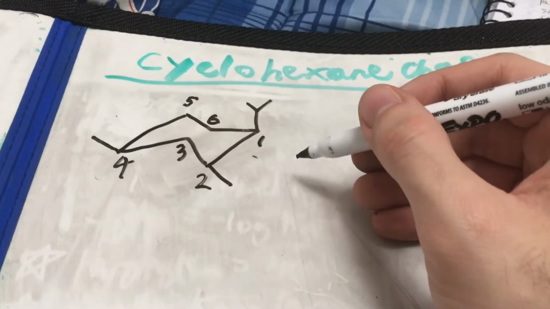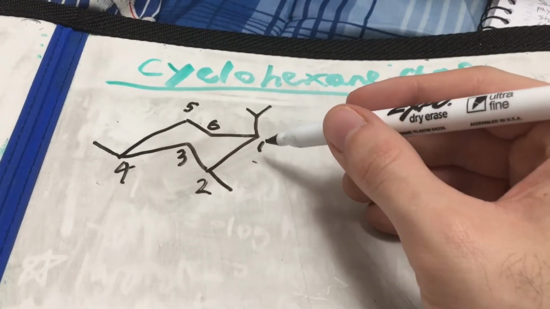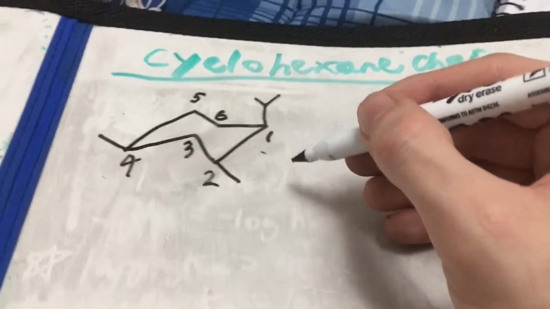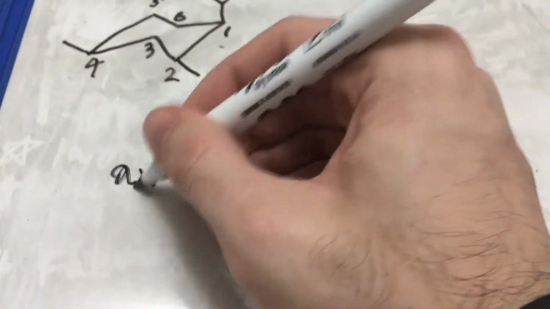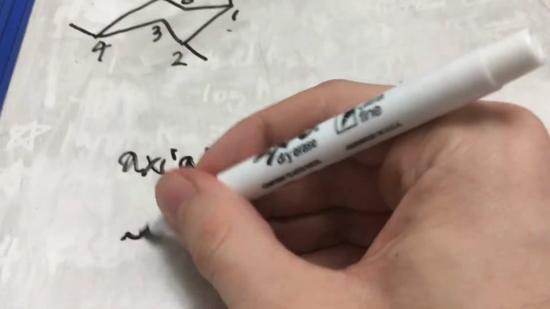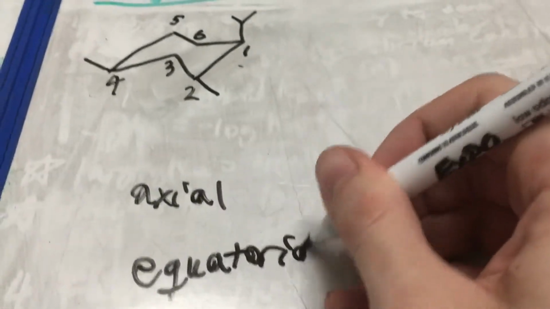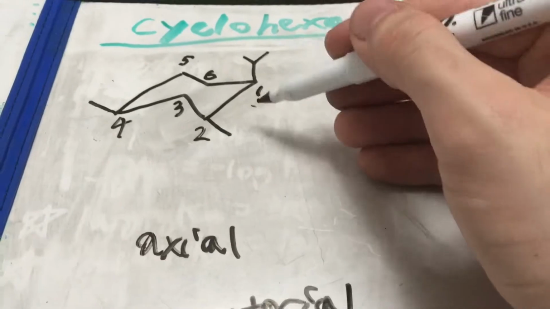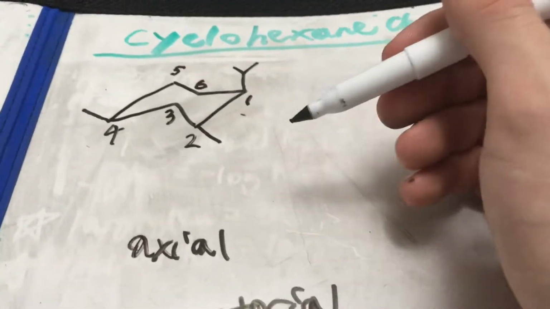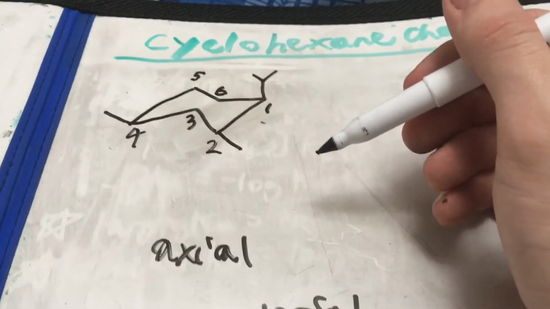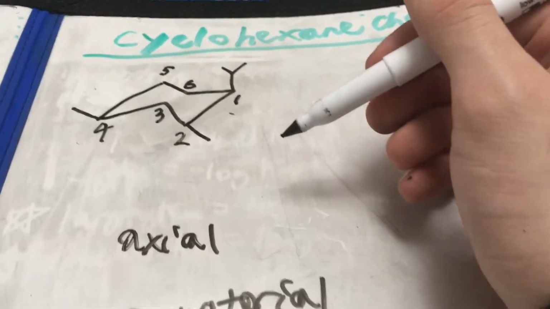There are two kinds of branches that you can have. You can have axial, or you can have equatorial. Axial because it's on the axis straight, and equatorial because it's kind of on the side, in the equator of this thing.